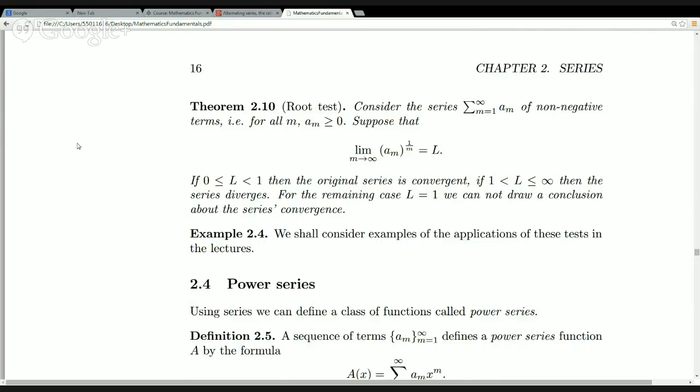But again, the main idea, the reason behind the proof, is the known behavior of geometric series.